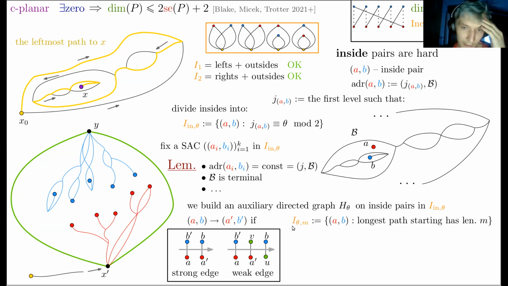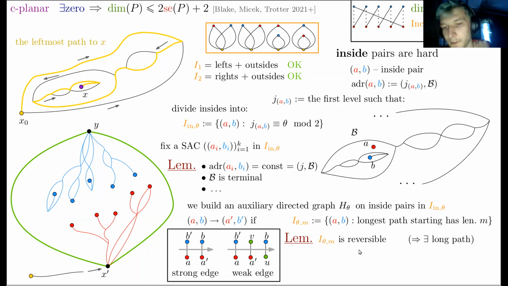Now we divide our set of hard pairs into subsets by the length of the longest path starting in this pair AB in H theta. We have a pair and we check how long is the longest path which starts. This is a directed graph, so starting makes sense.